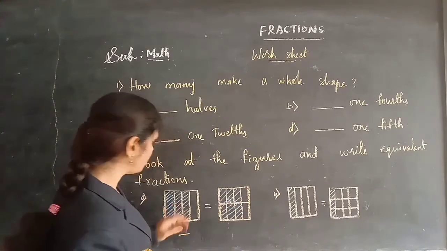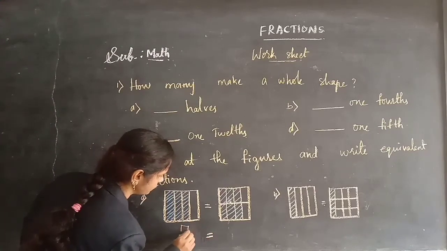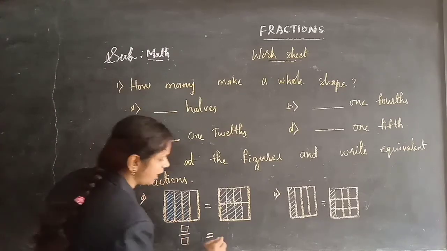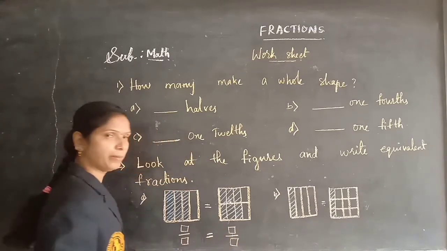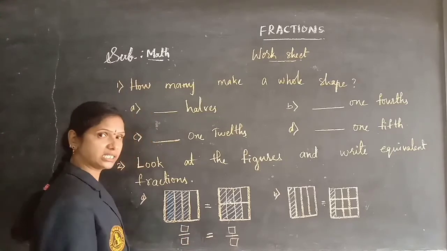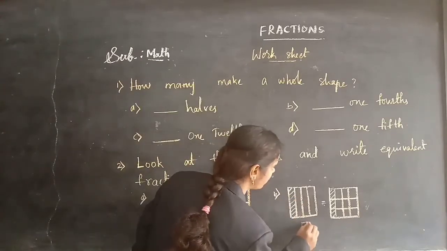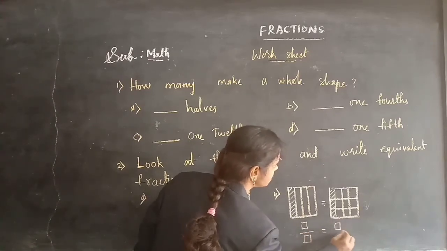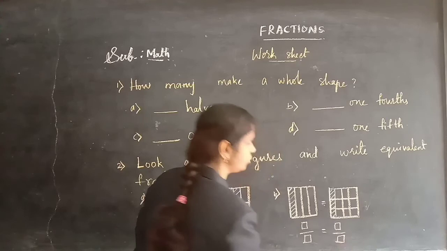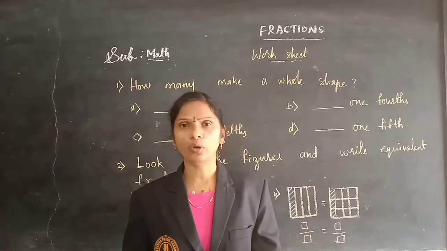Here you write how many shaded parts there are by total parts, and here also write how many shaded parts by total parts. So those two fractions will be equal. Coming to here also, how many shaded parts by total parts is equal to here also how many shaded parts by total parts. Later on these two will be equivalent fractions.